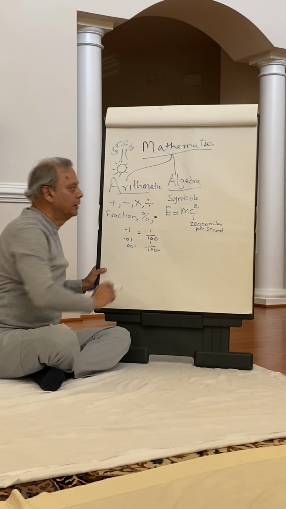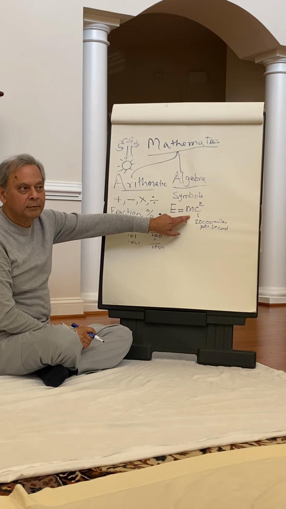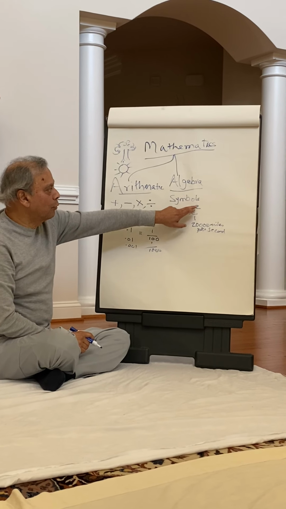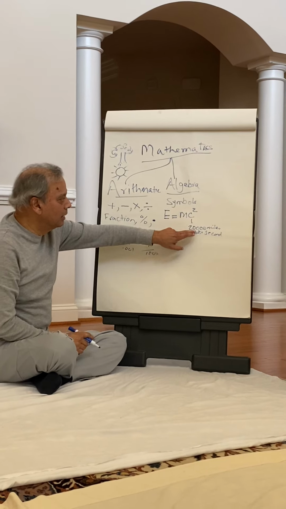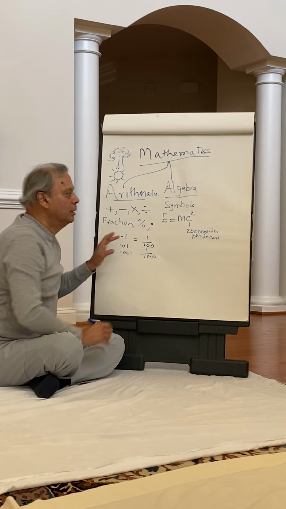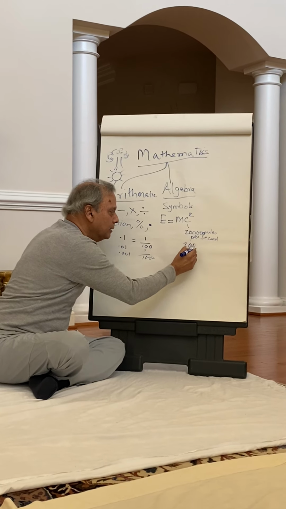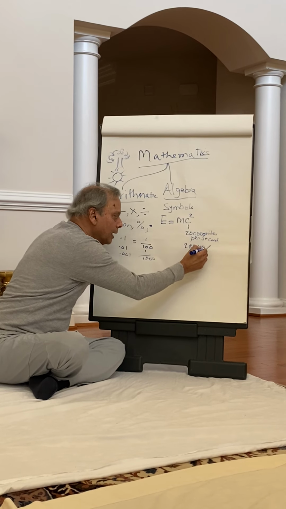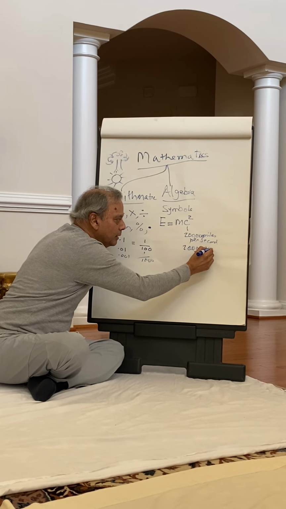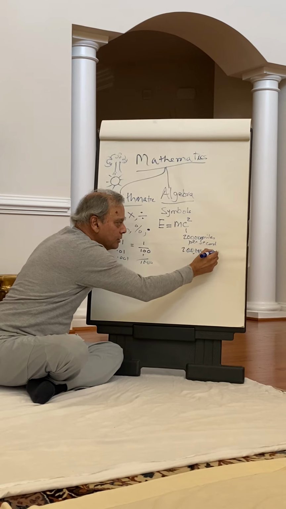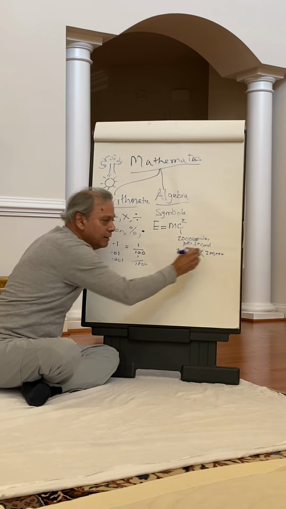Right? This is a number. C squared means 200,000 times 200,000 times 200,000. Am I right?